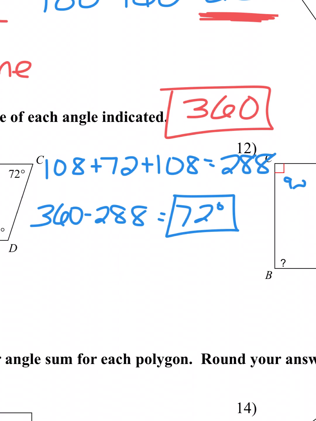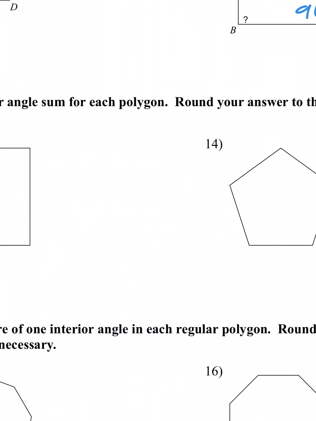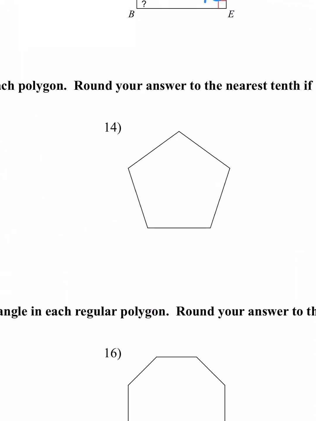Okay. 13 and 14. What is it asking for? What are we trying to find? The interior angle sum. What does sum mean? Total. Okay? So, what equation am I going to use? N minus 2 times 180. Why did I put parentheses?